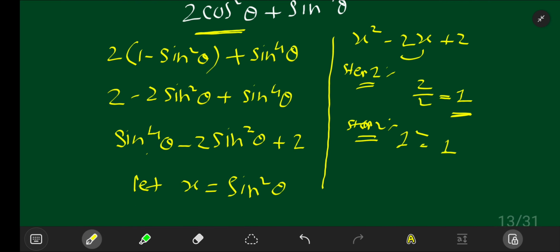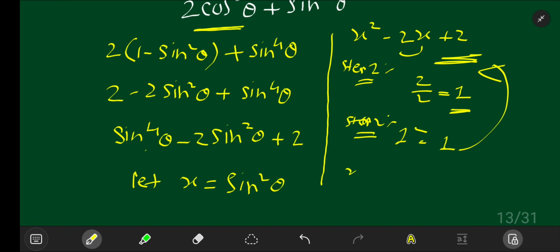Now add and subtract 1 in the given equation: x square minus 2x plus 2 plus 1 minus 1.